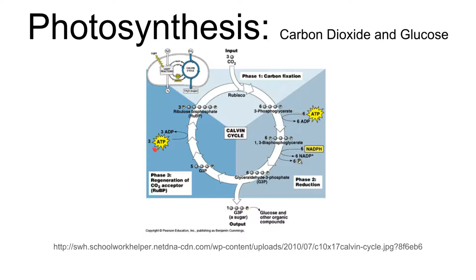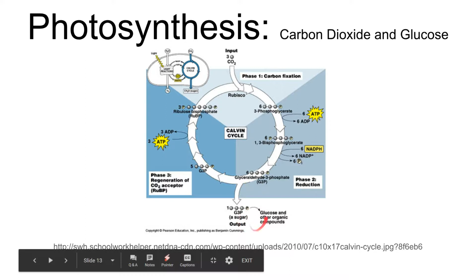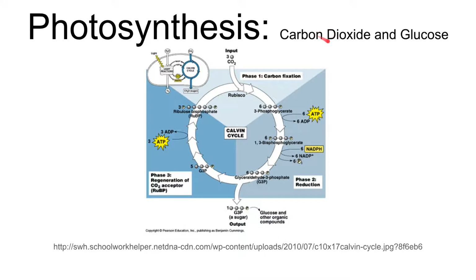ATP and NADPH are providing energy into this so that as carbon dioxide is built up, it's gaining and storing energy in the bonds of this glucose. So again, in photosynthesis, carbon dioxide goes in, glucose comes out, and that's involved in the Calvin cycle.